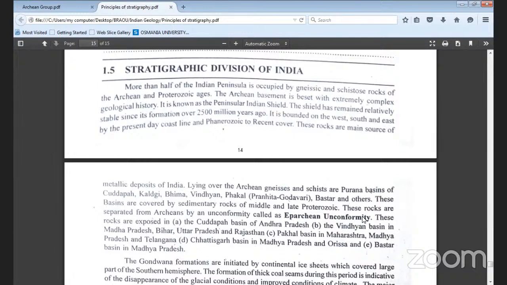It is called the Peninsular Indian shield. It has remained relatively stable since its formation over 2,500 million years ago. It is bounded on the west, south, and east by the present coastal areas, and it covers from the Precambrian to recent areas.